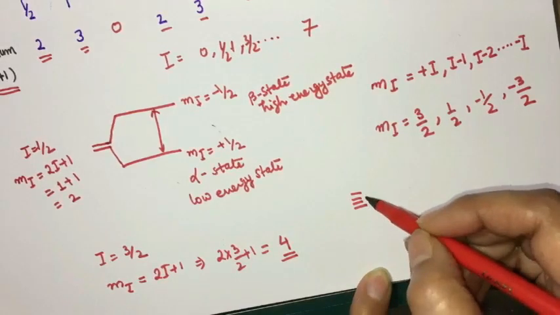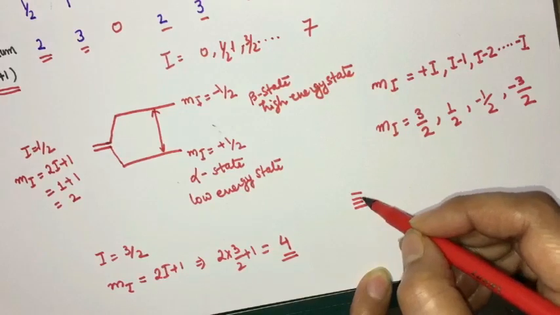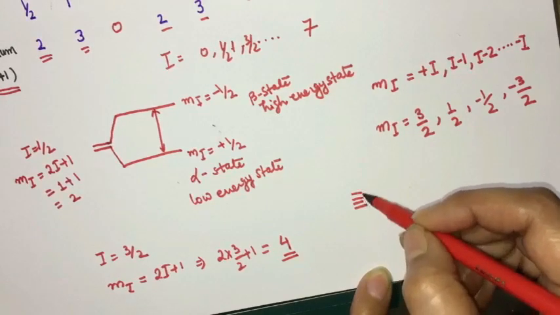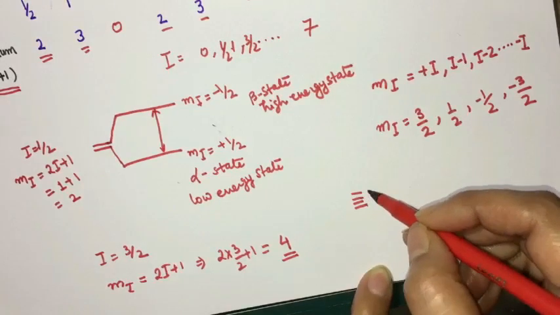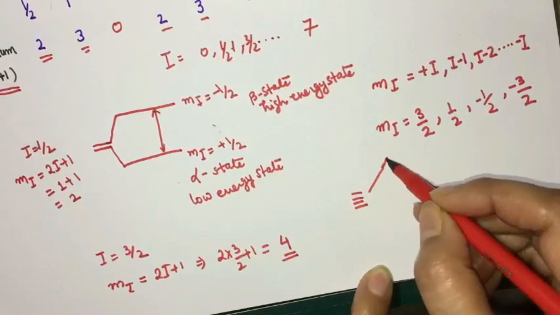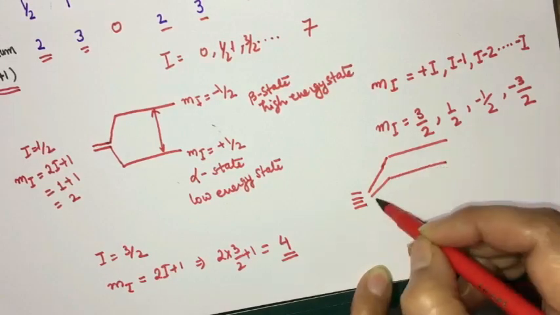But when we place the nuclei of such atoms in an external magnetic field, these degenerate energy states get split, and we will have their energy states in this way.